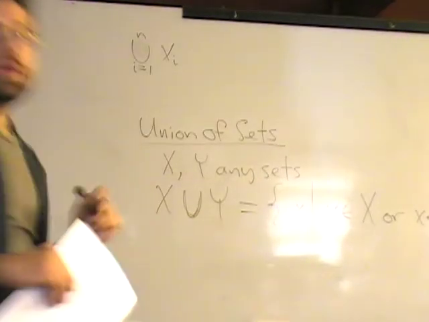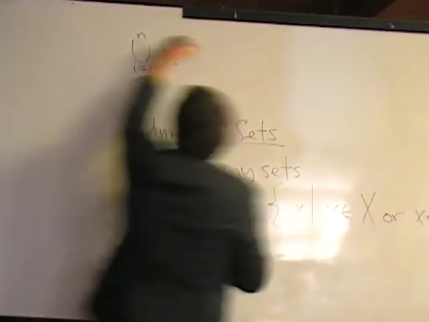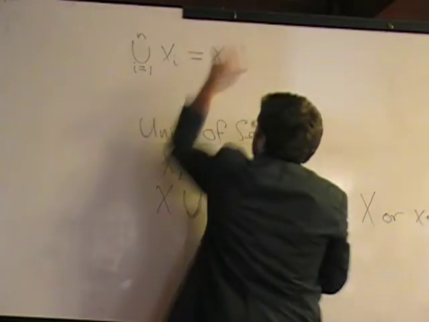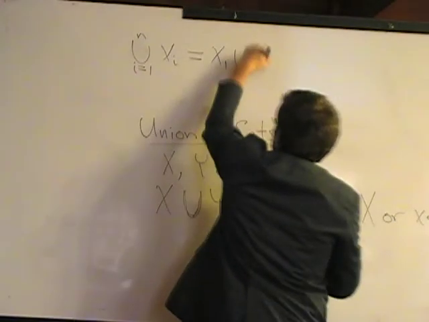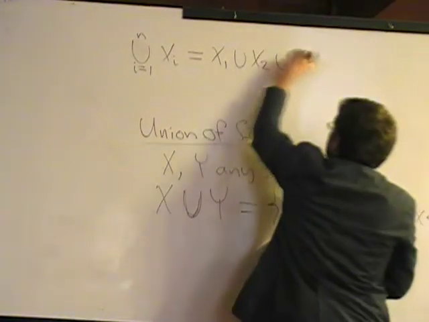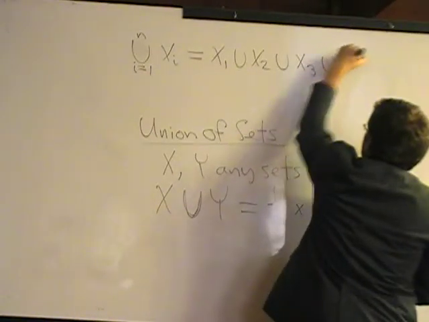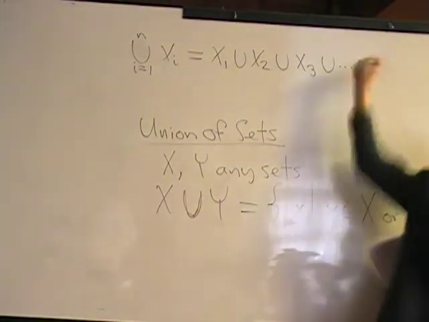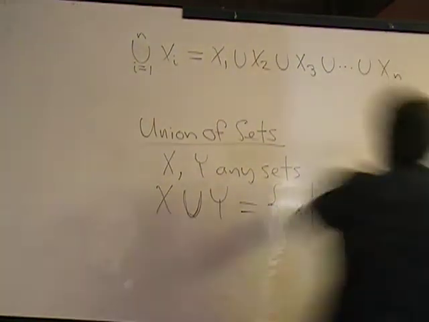So this is just notation, okay? And what this notation means is the set x1 union the set x2, but then you continue the process. x3, and the only way to write it really is to put dot dot dot, because the number of sets is just n, so we union until the set xn.